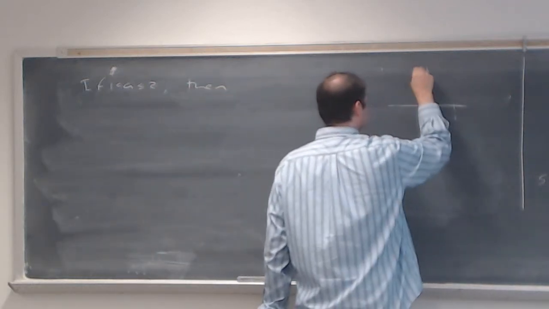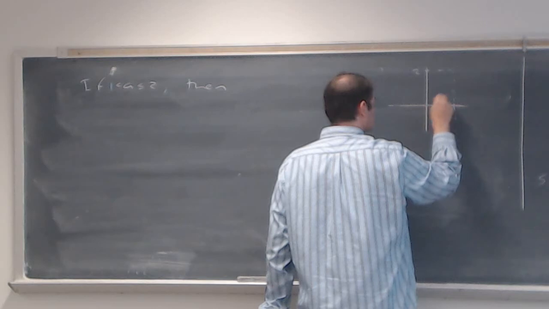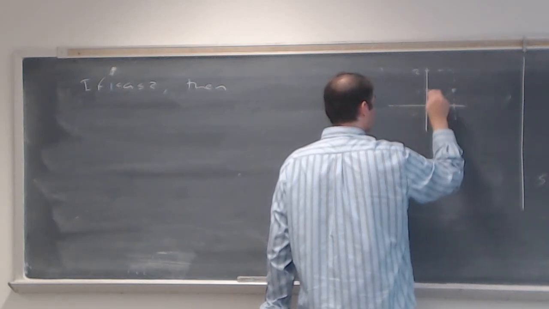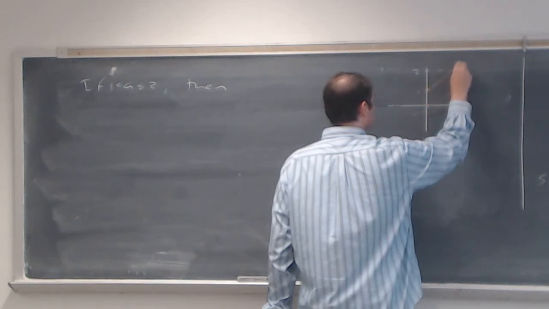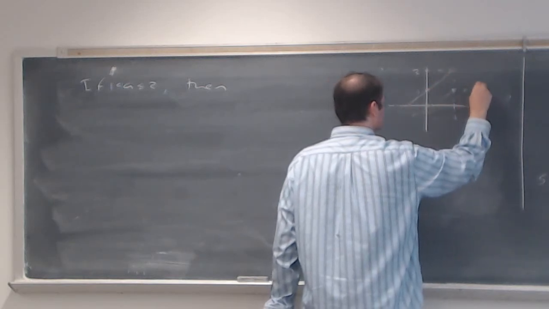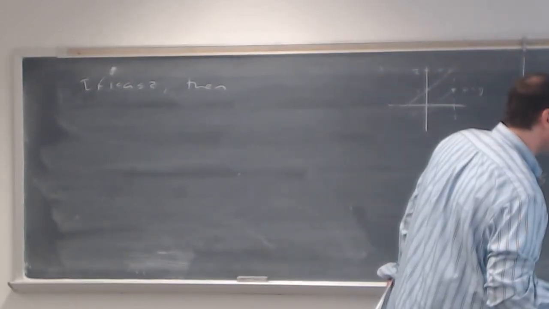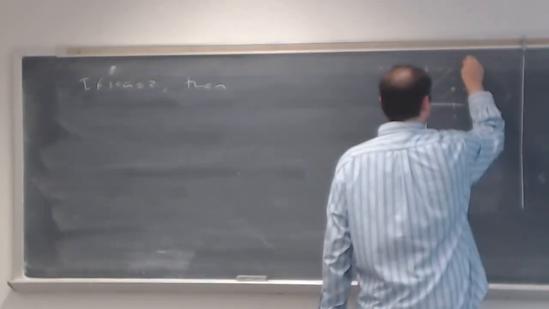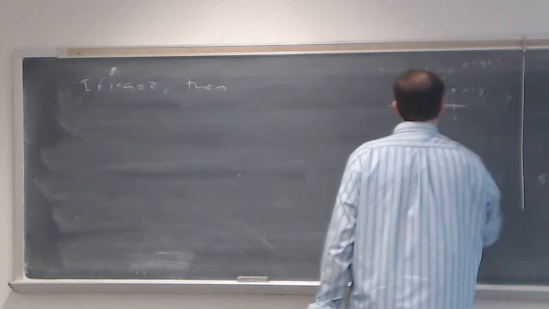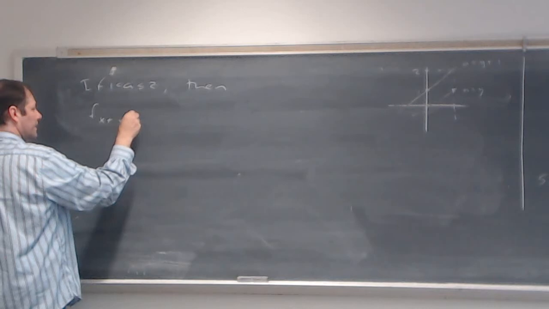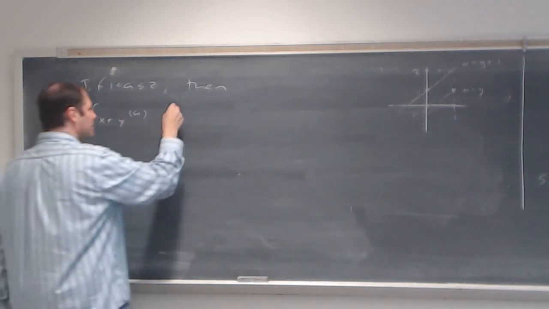Remember, here's 1, here's 2. This was y equal to a. And here this was y equal to, what was it? It was a equals y plus 1. That's what this was. And so our f sub x plus y evaluated at a.